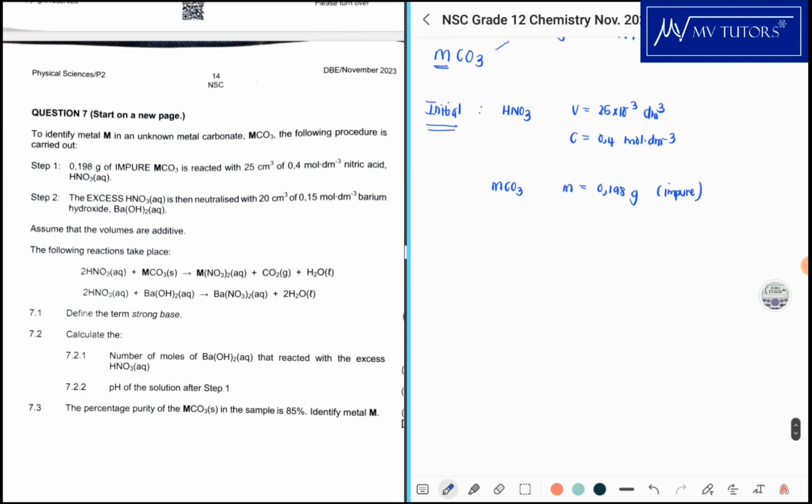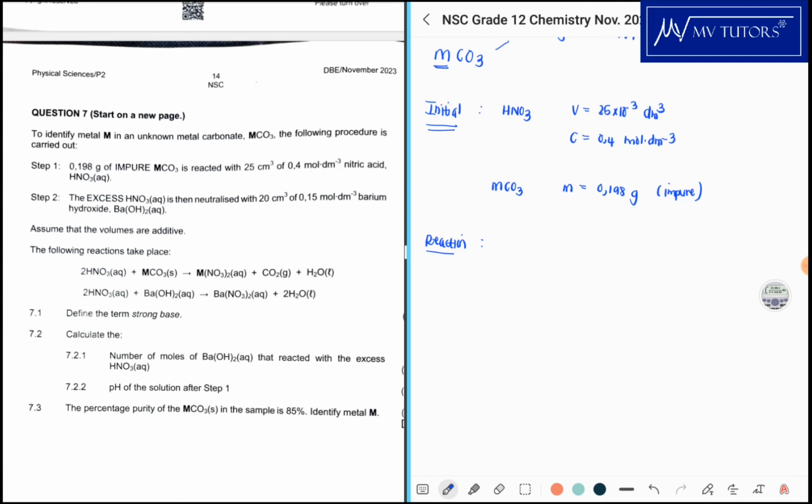All right, so these are the initial conditions. And then these two react. Okay, so we have a reaction that occurs and whatever happens there. And then in step 2, the excess nitric acid is then neutralized with barium hydroxide. Okay, so we have the initial amounts, then this metal carbonate and this strong acid, nitric acid, react. Then during the reaction, probably the metal carbonate finishes.